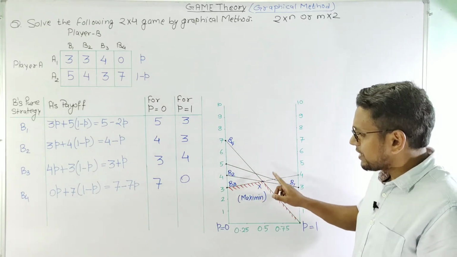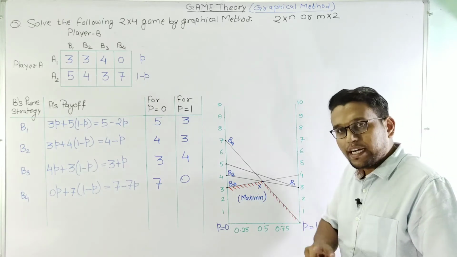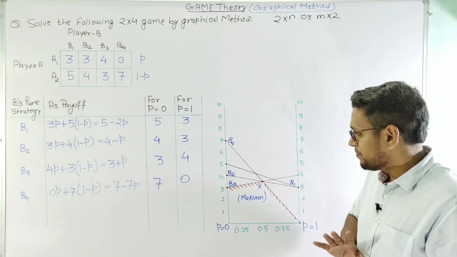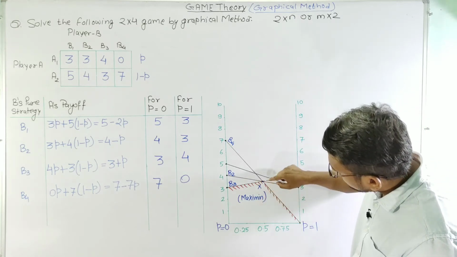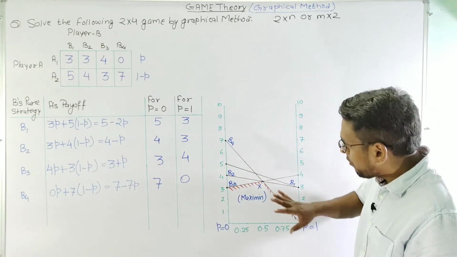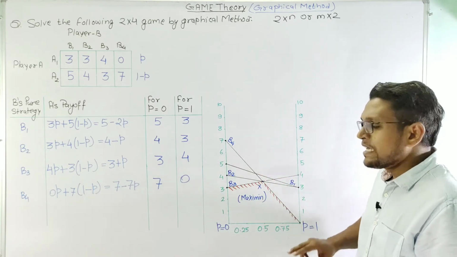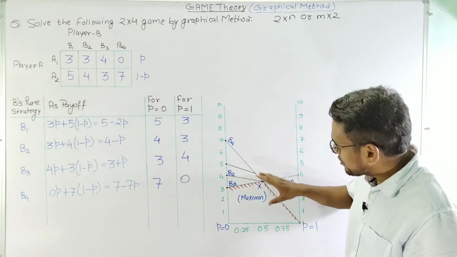In this particular case, we will select any 2 strategies with opposite slope. Remember this: whenever there are more than 2 strategies passing through the maxi-min point or minimax point, we select any 2 strategies having opposite slope.